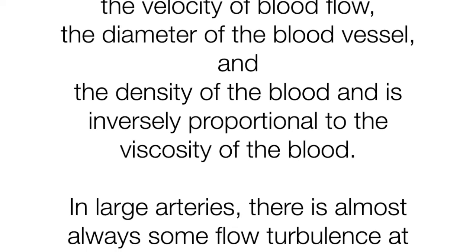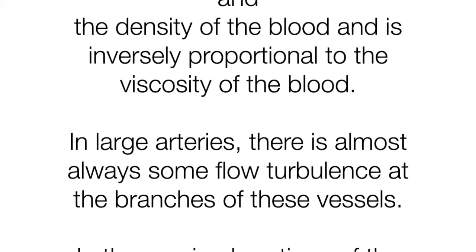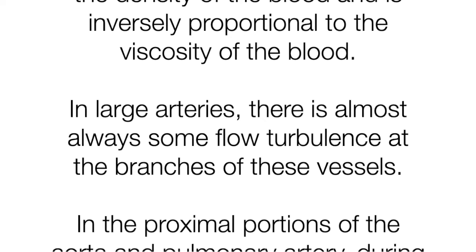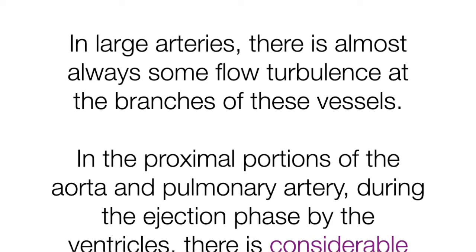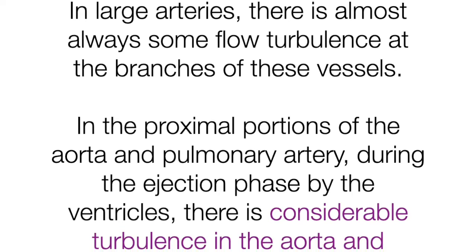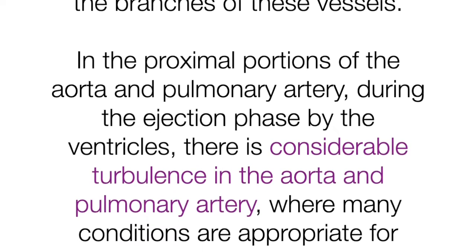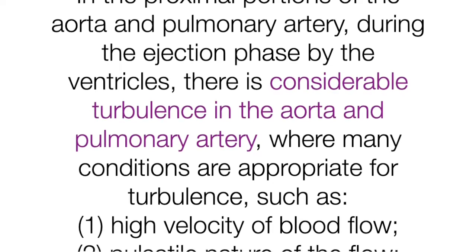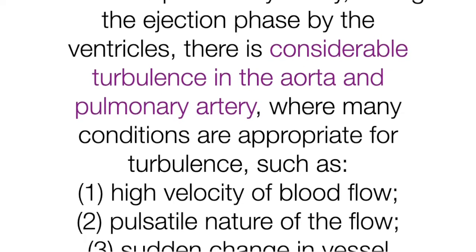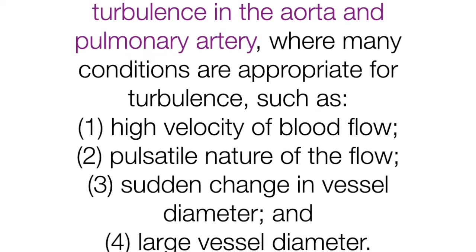In large arteries, there is almost always some flow turbulence at the branches of these vessels. In the proximal portions of the aorta and pulmonary artery, during the ejection phase by the ventricles, there is considerable turbulence, where many conditions are appropriate for turbulence, such as 1.